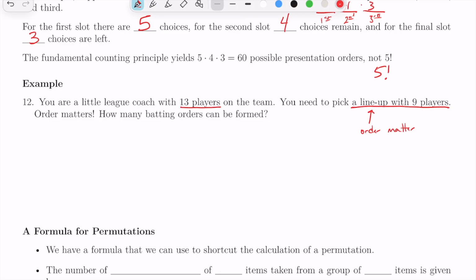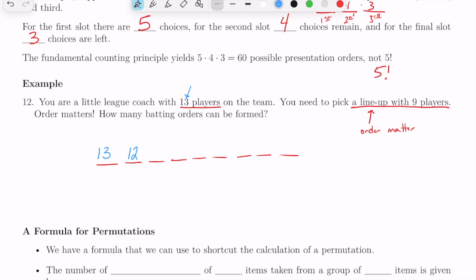Next, it says we have a lineup of 9 players. So I've got my 9 blanks. Keep in mind, I have 13 kids that I could put in that first lead-off starting batting position. I have 13 of them. But once that kid bats, they can't bat again. And they can't go second anyways, not until it comes all the way back around.